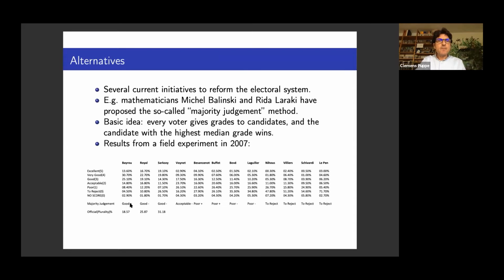And here, for Bayrou, it's the only candidate who received the median grade good, and more people saying he's even better than that. Whereas for Royal and Sarkozy, more people would say, no, Royal is worse than good, and Sarkozy is worse than good.